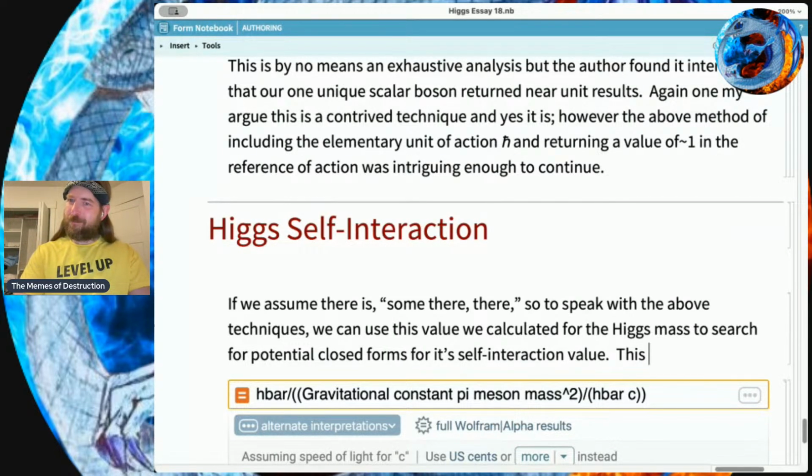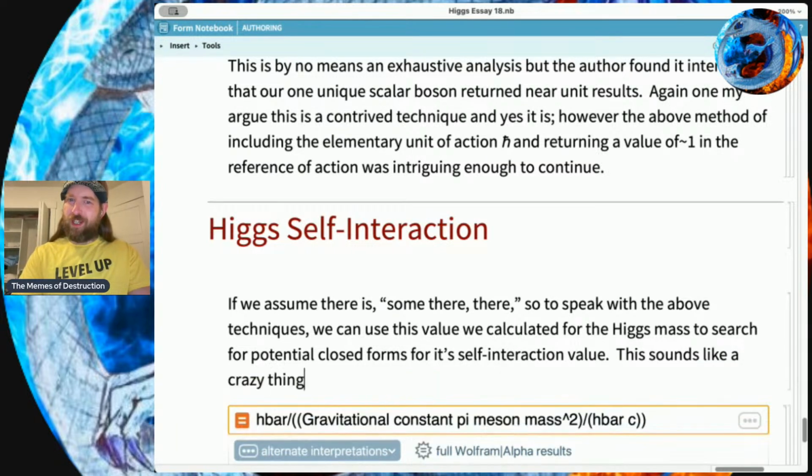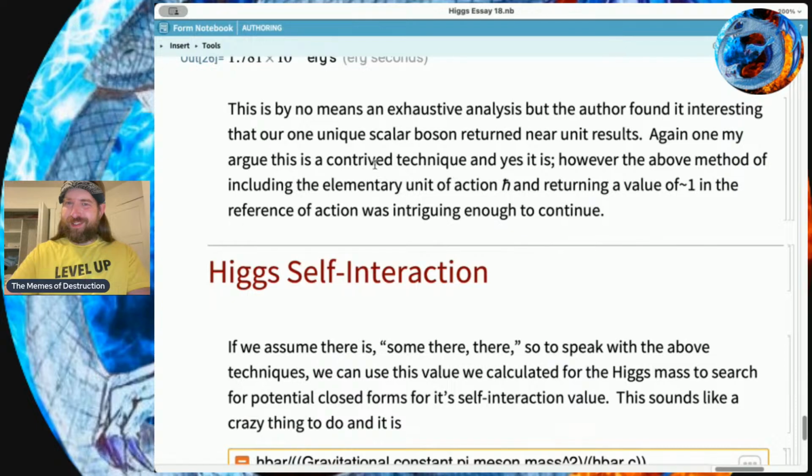This sounds like a crazy thing to do. And use the same phrasing.